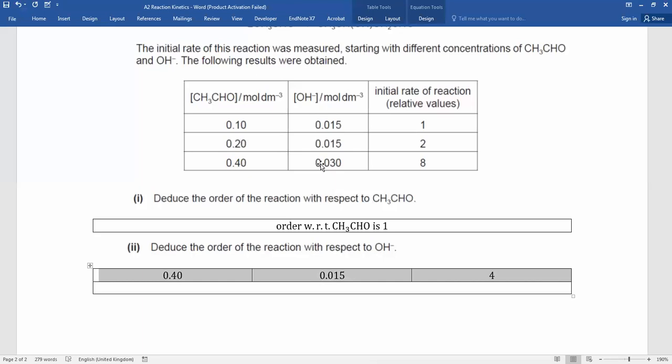How many times is OH minus, hydroxide, increasing? So it has doubled. And what about the rate? Higher divided by lower, that also doubled. Now can I say that the order with respect to OH minus is one? Brilliant.